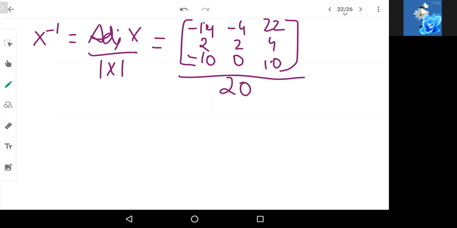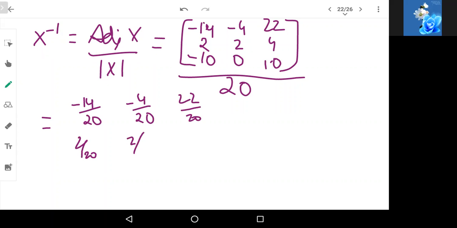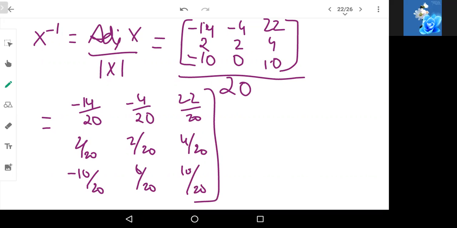So each of the elements is supposed to be divided by 20. Next step: minus 14 by 20, minus 4 by 20, 22 by 20, 2 by 20, 2 by 20, 4 by 20, minus 10 by 20, 0 by 20, 10 by 20.